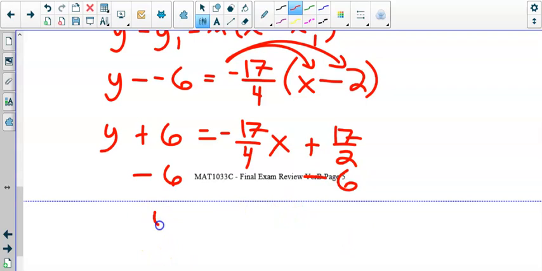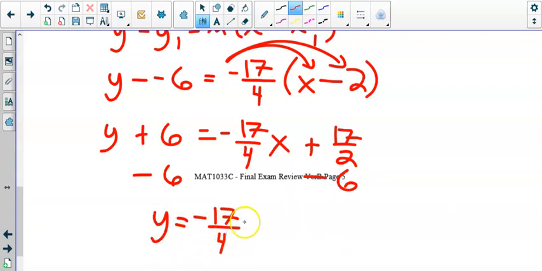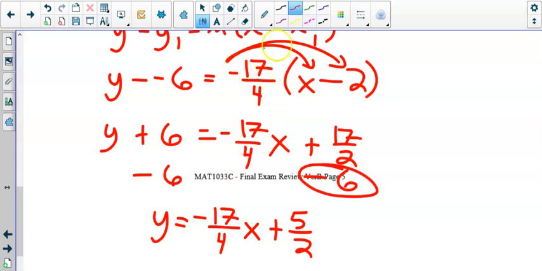And that will give us the same answer that we had a moment ago. Plus 5 over 2. Notice you had a lot of the same numbers. There's that negative 6 that was in that problem. Here is the multiplying that we did between the negative 17 over 4 and the 2. It involves the same information.